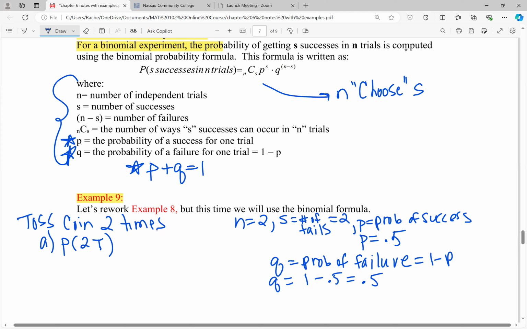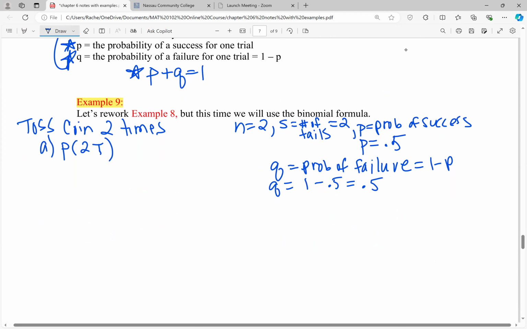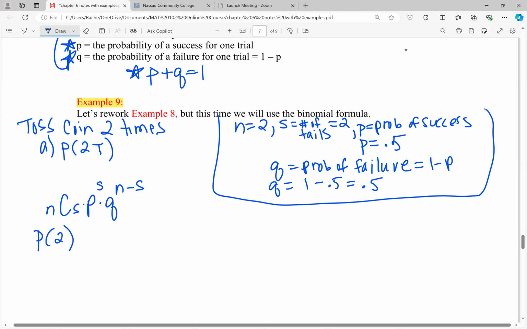So now we're ready to plug into our formula. The binomial formula is n choose s times p to the s power times q to the n minus s power. In this case, we want the probability of 2 successes, right? Because we want 2 tails. And here are my parameters that we're going to plug into the formula.